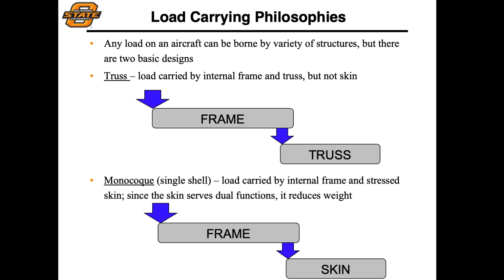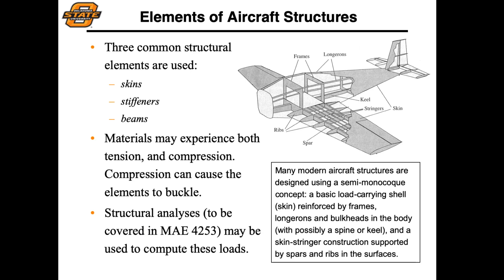And if you follow this particular path, it usually leads to a lower weight as well, so it's a weight-saving philosophy. For those of you who will be in Speedfest next year, this is essentially the approach we use with composite wing aircraft, where we have that composite skin carrying part of the load in addition to the internal frame that's carrying portions of that load as well.